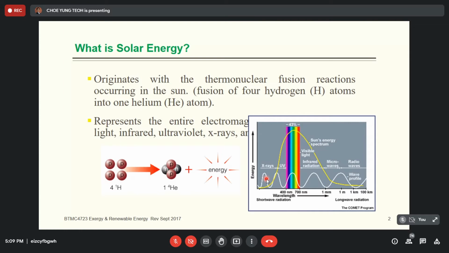Why does it have the highest energy? Maybe we can explain it this way. This is an X-ray, and this is a radio wave.